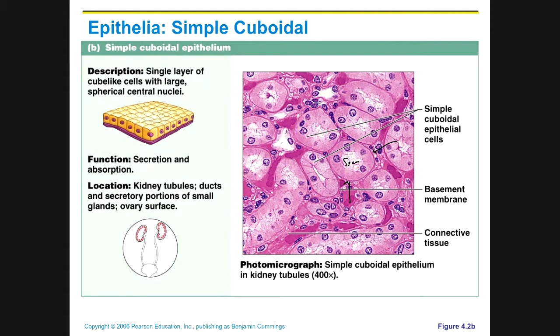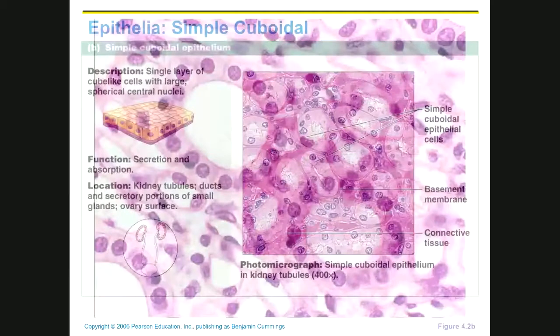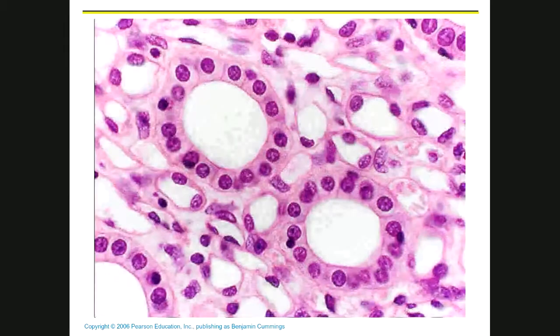So if you look at these cells, there's a really nice one. That's a cube-shaped cell. It's just one row. If we blow it up, it looks like this. So you can kind of ignore this stuff out here for right now. But look, there's our basement membrane right there, the little purple line. There's our apical surface right there.